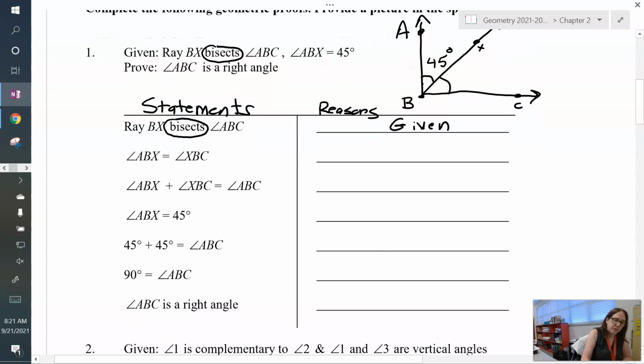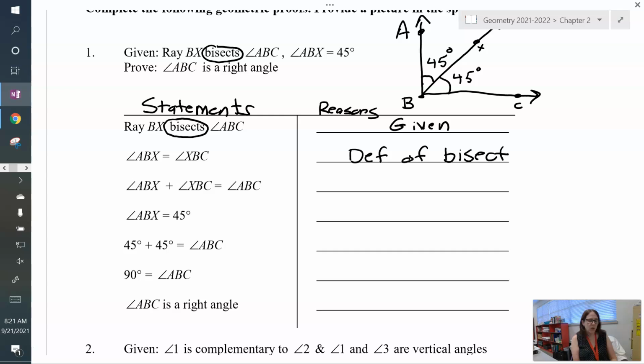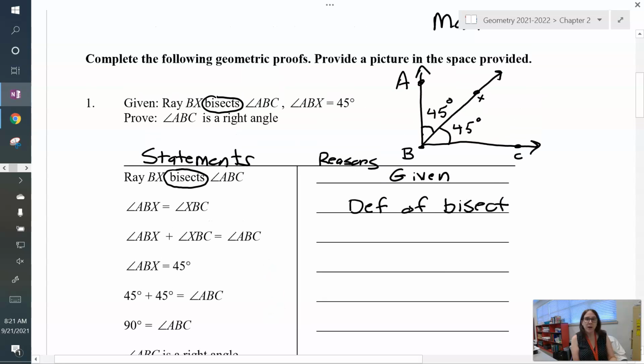It's a definition of bisect. And I'm going to go ahead and mark my picture 45 degrees for that one as well. And then it says angle ABX plus angle XBC equals angle ABC. So what we're doing here is we're adding angles. That's angle addition.